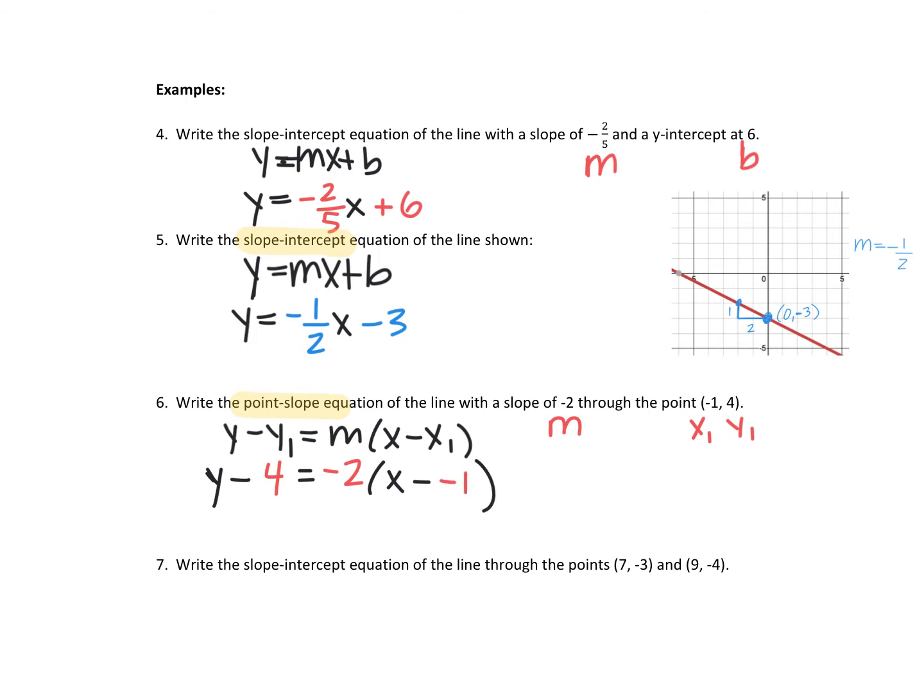You do have to have two minus signs. Yes, addition. So we're going to simplify that a little bit more. y minus 4 equals negative 2, and then instead of x minus negative 1, we say x plus 1. So really what you end up doing is you just change the sign. So this is your final equation here.